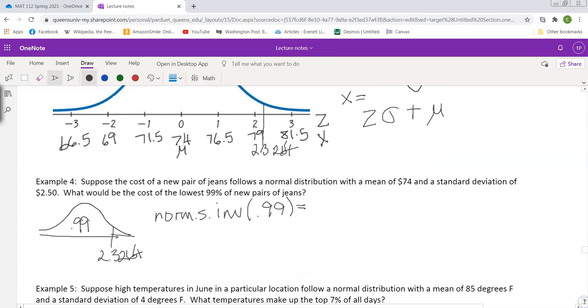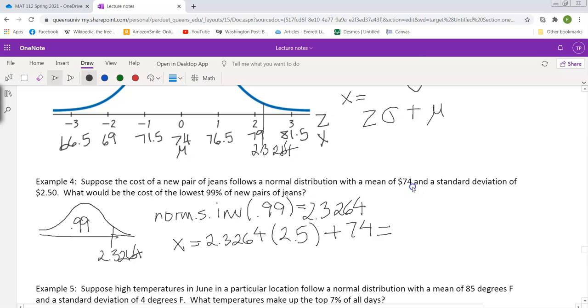So we've got here 2.3264. So we're going to say x equals z, which we found to be 2.3264, times sigma plus mu, and mu in this problem is 74. So this mu and sigma is going to change from problem to problem.